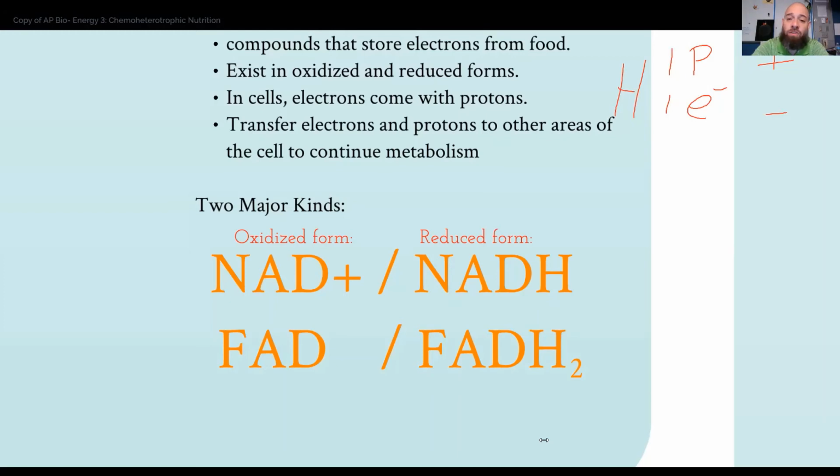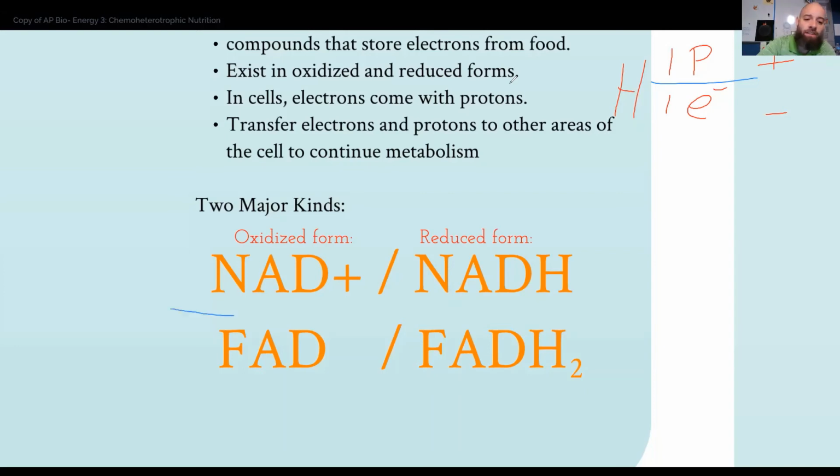If I were to separate that 1 proton from the 1 electron, in essence, I've kind of wrecked my hydrogen. It's weird to think about, but hydrogen is literally a proton and electron hanging out. That's the whole hydrogen. So what we're going to be doing here is dividing the proton away from the electron.